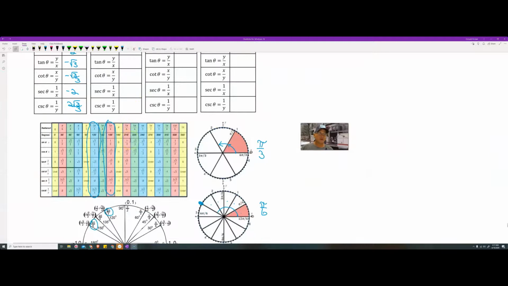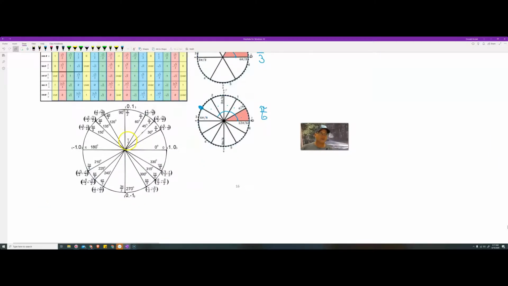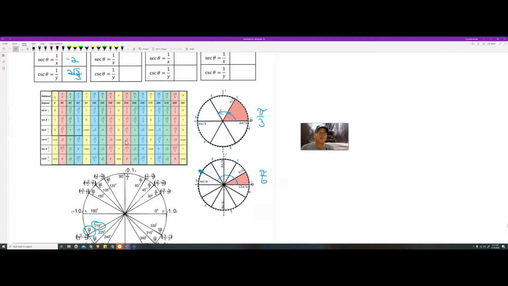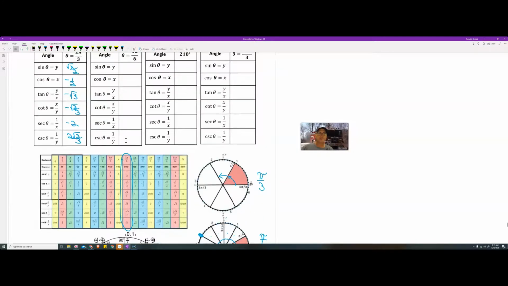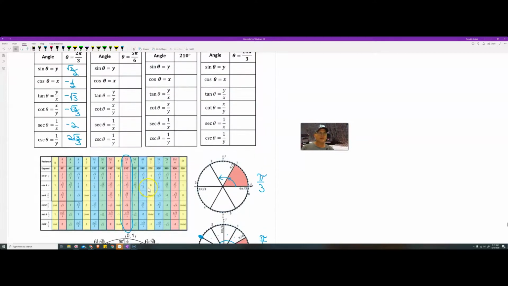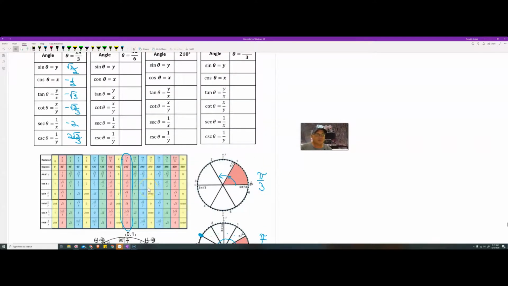All right, 210 degrees. Okay, so 210 is at 7 pi over 6. My endpoints are negative root 3 over 2, negative 1/2. Okay, so there's my solutions for 210 degrees. Oh, I think, did I skip 5 pi over 6? It looks like I did. I'll copy both of them down.